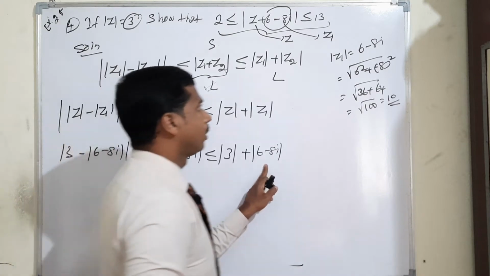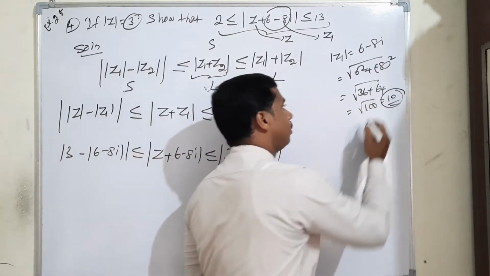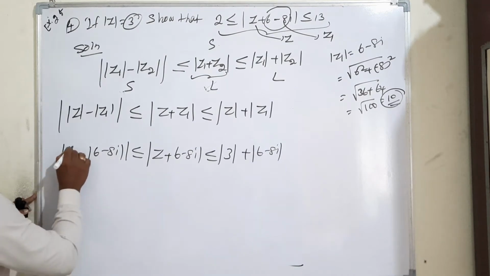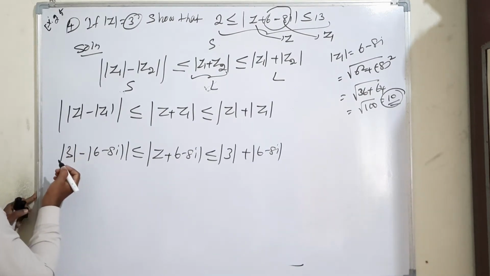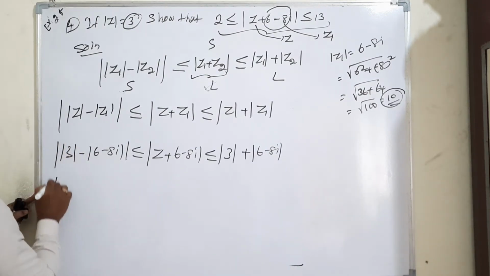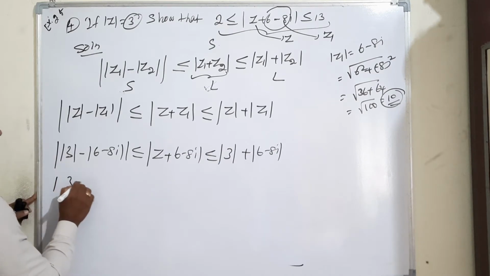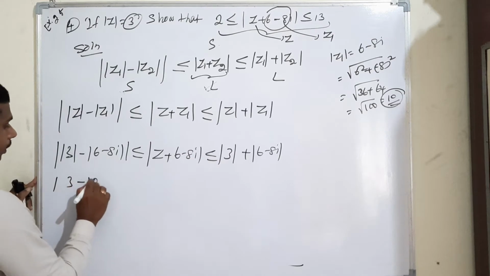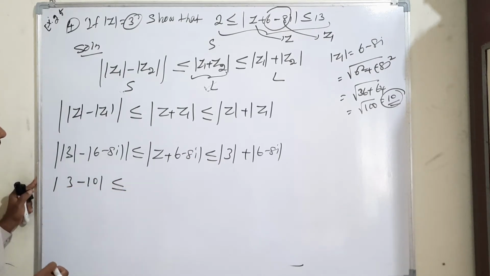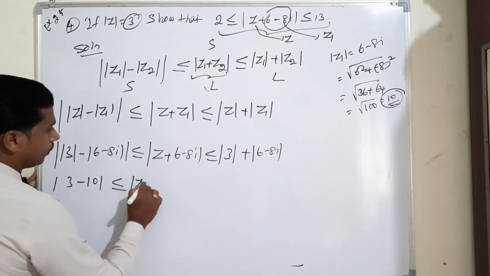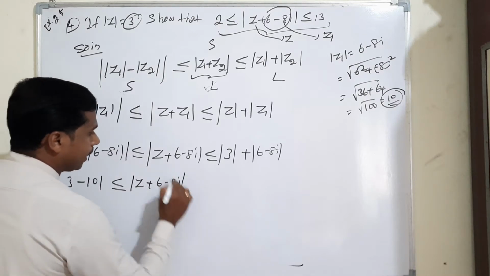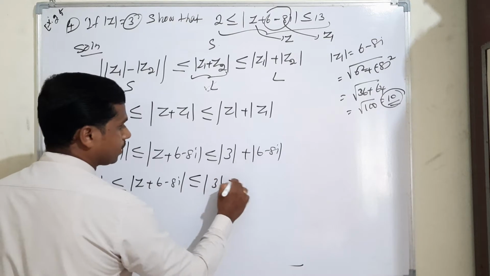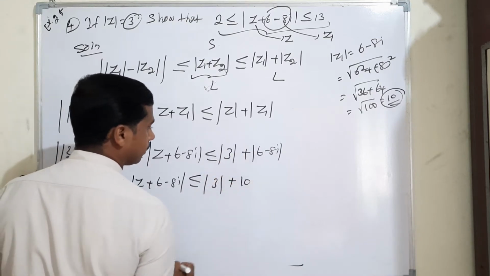Just now we found modulus of 6 minus 8i is 10, isn't it? This is the whole modulus. So 3 minus 10 is less than or equal to modulus of z plus 6 minus 8i, which is less than or equal to 3 plus 10.